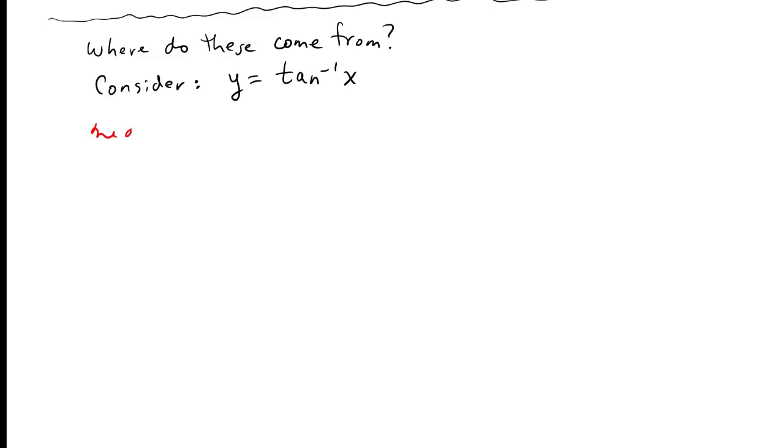That means that tan y is equal to x. So I'm going to switch to blue here. So if we look at tan y equals x and we want to find dy dx, then that's going to be an implicit differentiation.